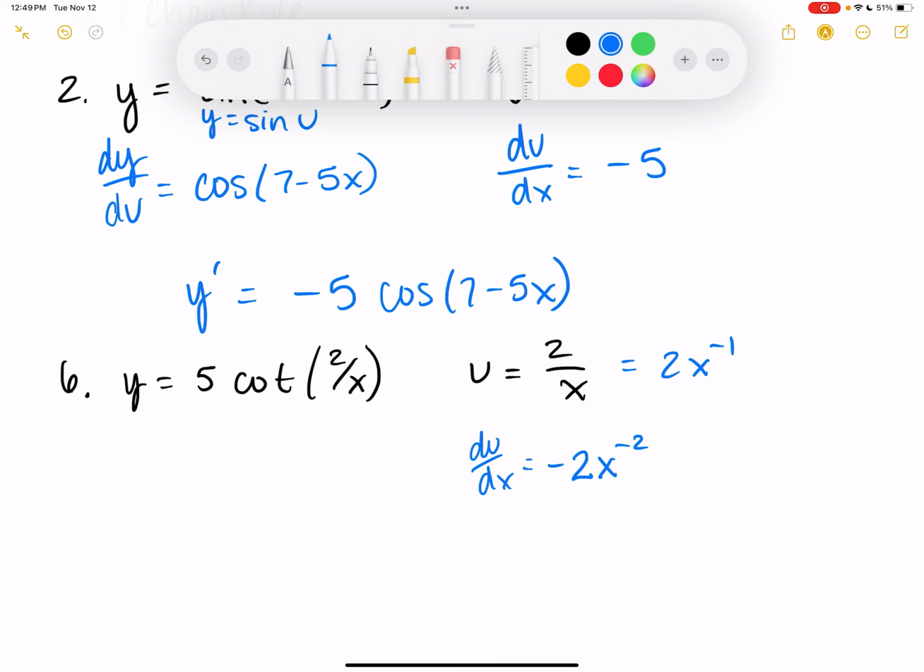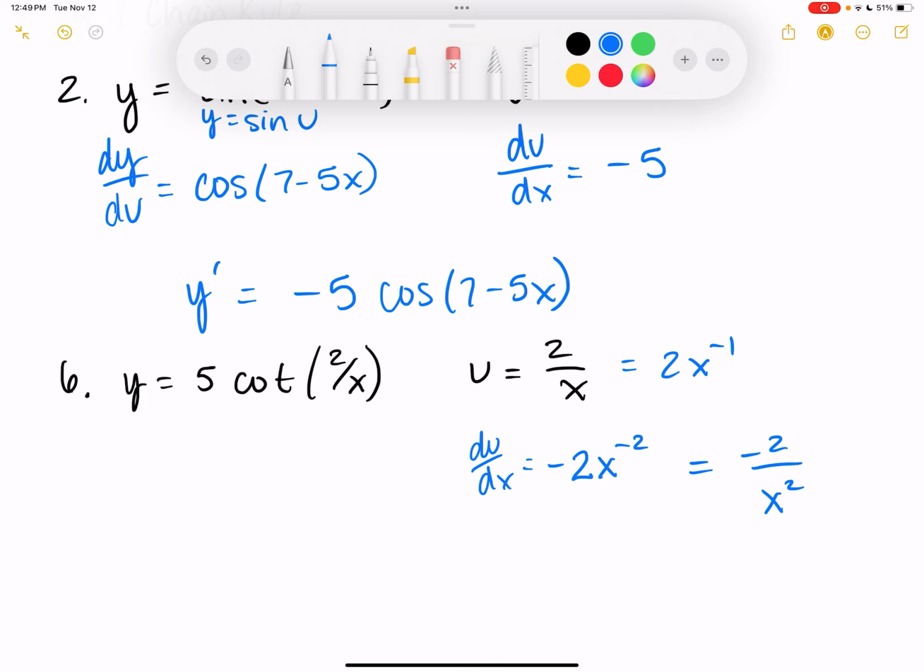Yeah, I just changed that to 2x to the -1. Now when we end up plugging this in, we'll probably do -2 over x squared just for the sake of multiplying at the end, but either way is fine.